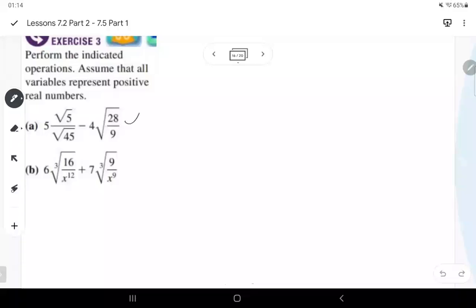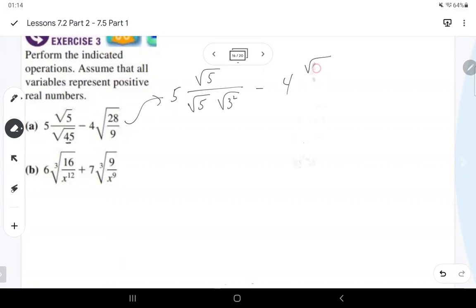So we are looking at here. We want to find how we can get rid of the square root of 5 here. Well, what does 45 have in it that has a 5 and a 9? Well, the 9 is going to be pulled out, but we will write it like this for the moment. Square root of 28. 28 is 2 squared times 7 over 3 squared.